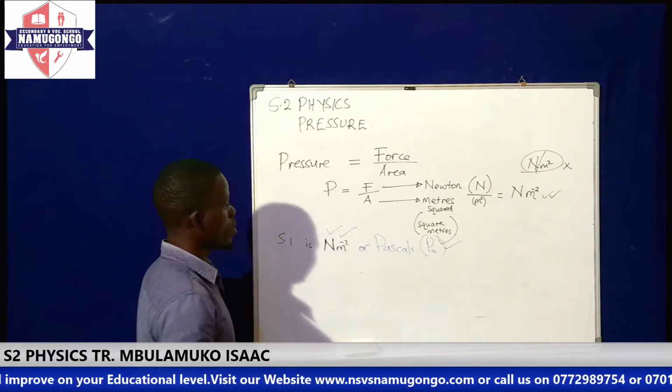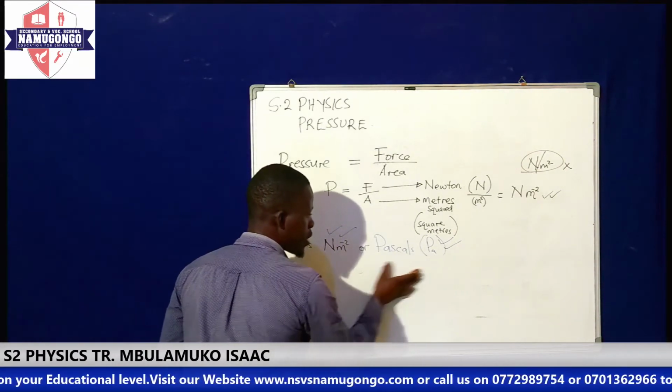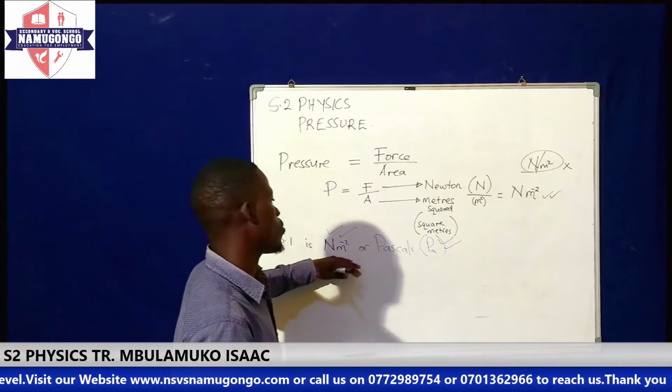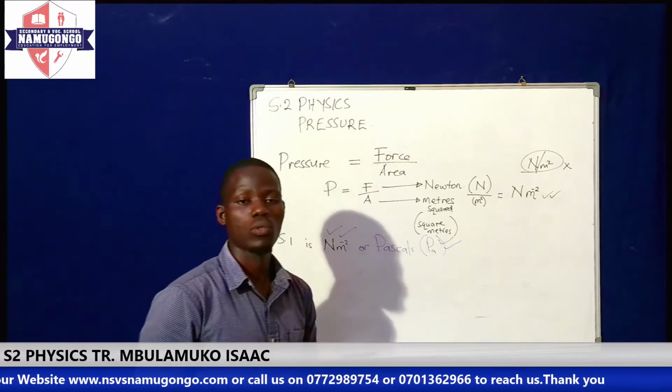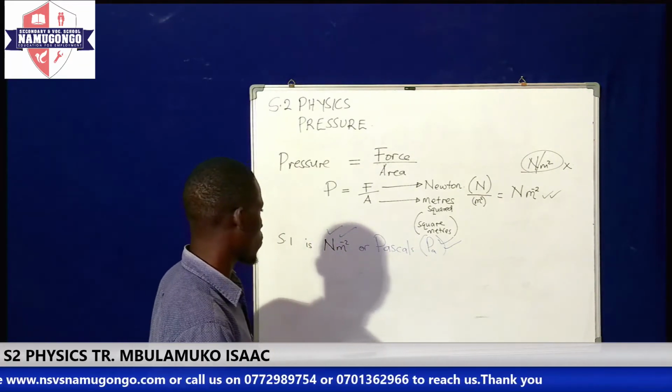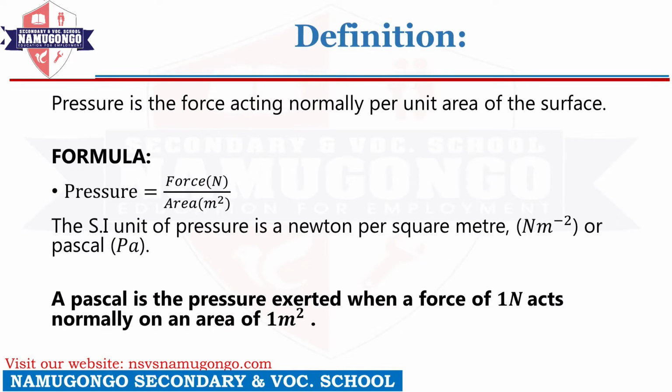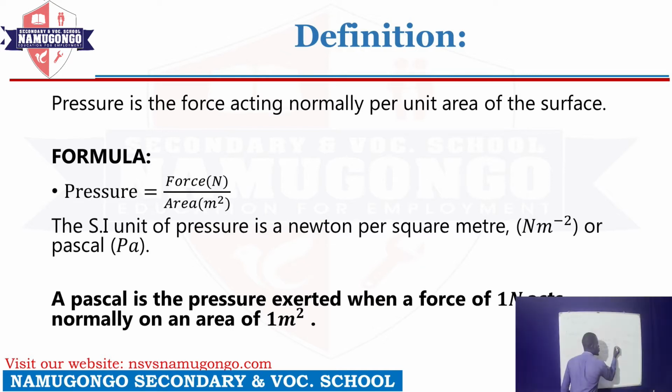But before we go any further, let's now look at how we define an SI unit. Because pressure has an SI unit of newton per meter squared and pascals, how can we define a pascal? Now, a pascal can be defined from the formula of pressure. We shall say this is the pressure exerted when a force of 1 Newton acts normally on an area of 1 meter squared.